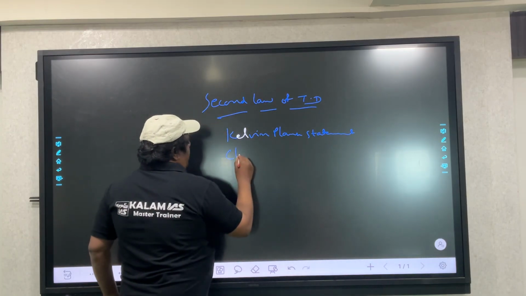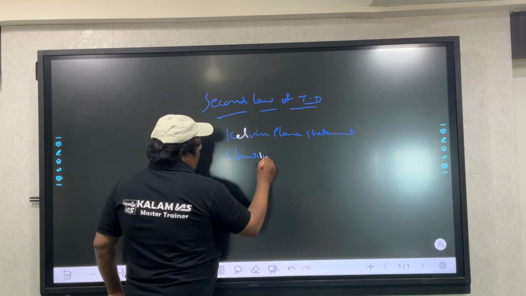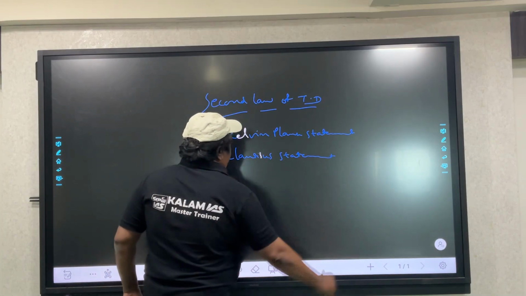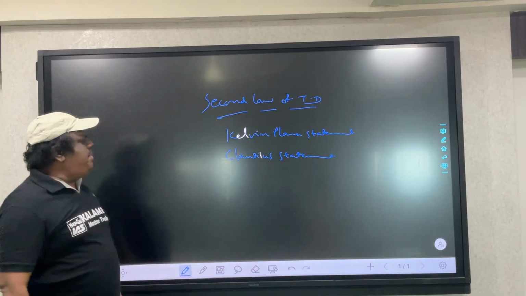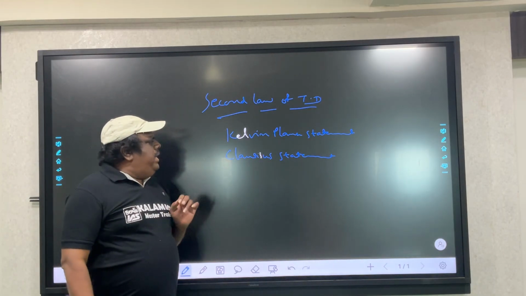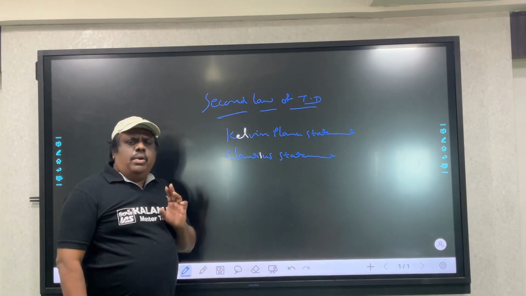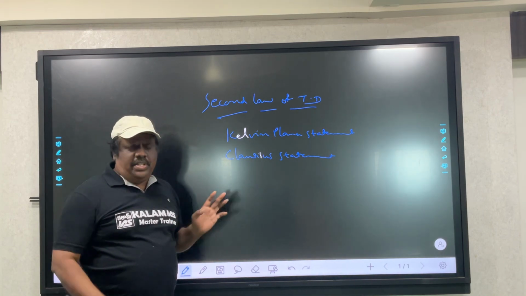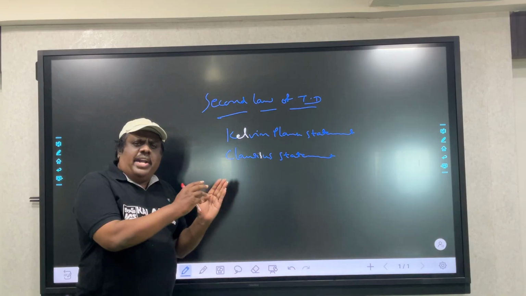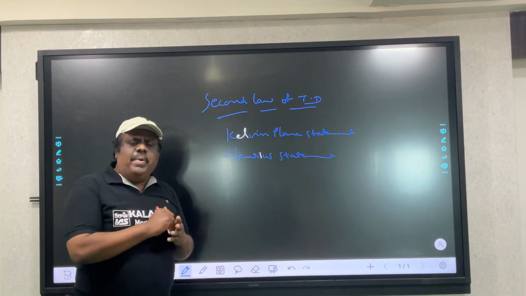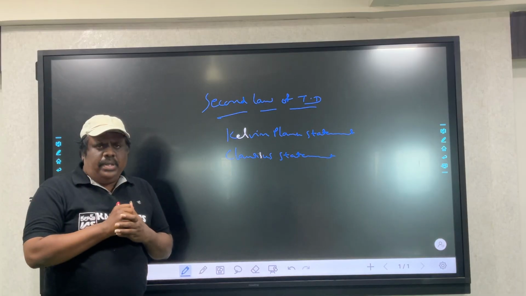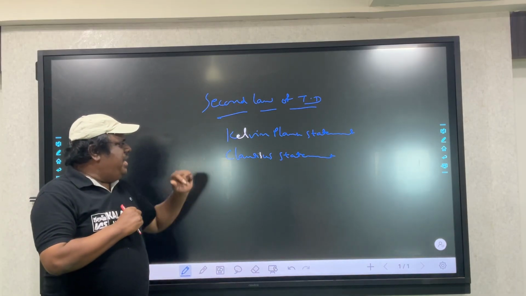Another one is the Clausius statement. According to the Kelvin-Planck statement, no heat engine or no device will be 100% efficient. That means whatever quantity of heat we supply to the system, it will not be completely converted into useful work. That is about the Kelvin-Planck statement.